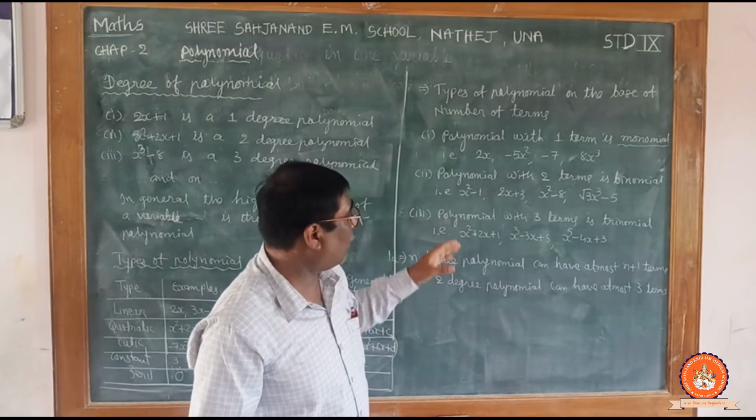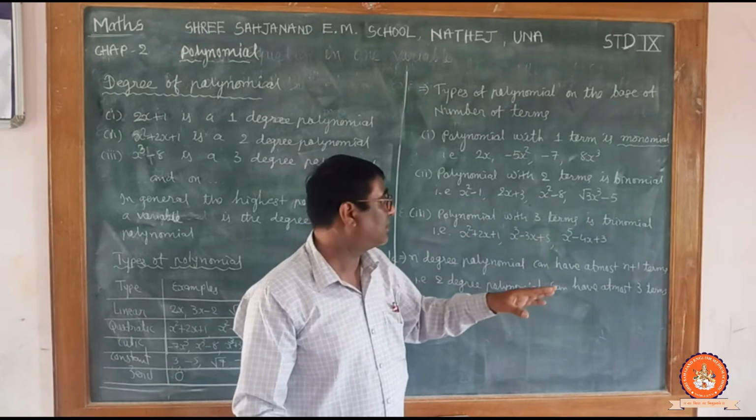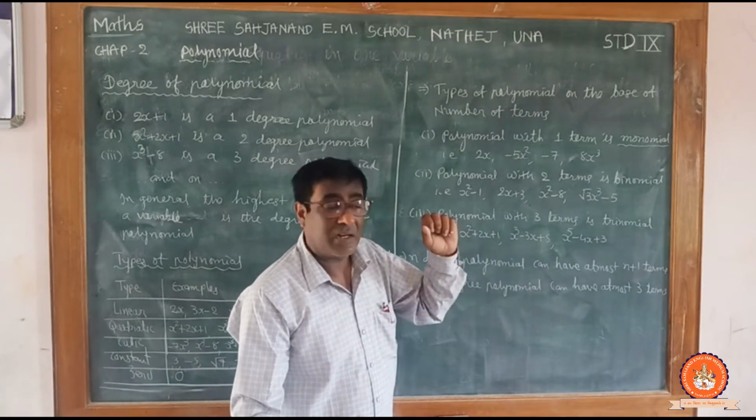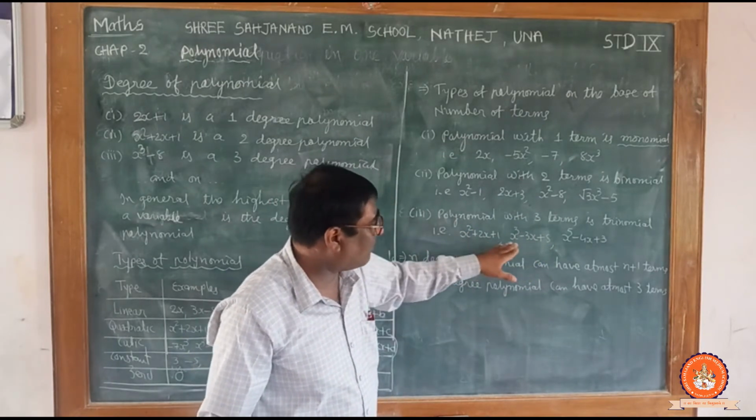Okay, now a polynomial with three terms is a trinomial. So these are the examples.